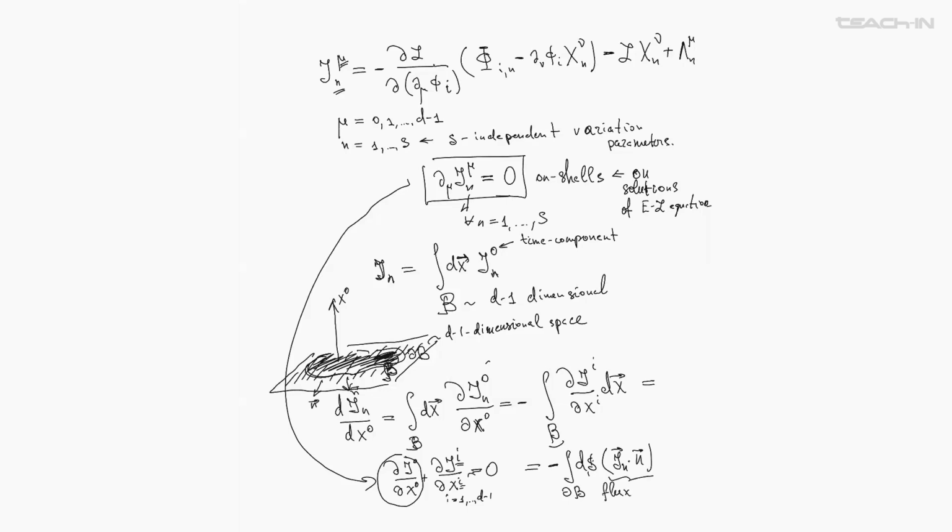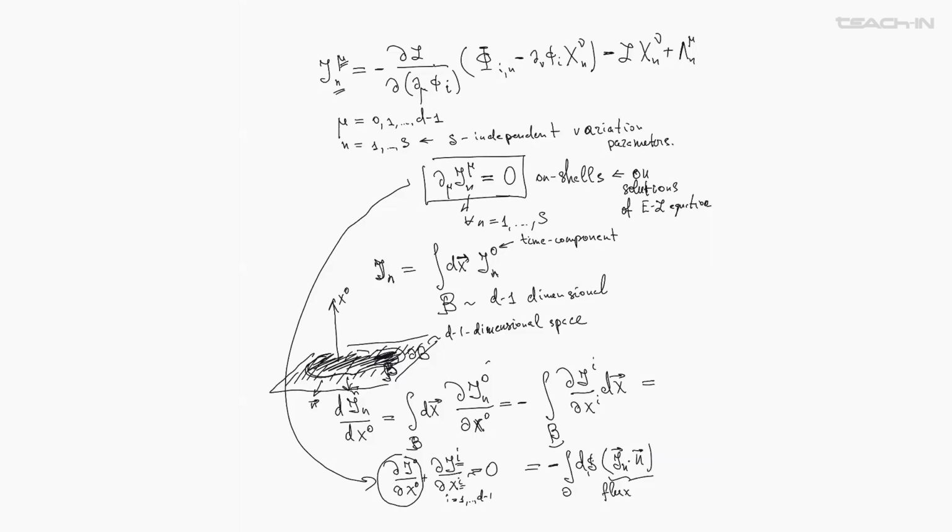Now, this boundary actually tends to infinity. Take the boundary to be, for instance, a sphere surrounding this d minus 1 dimensional ball. So it's a d minus 2 dimensional sphere surrounding this ball.